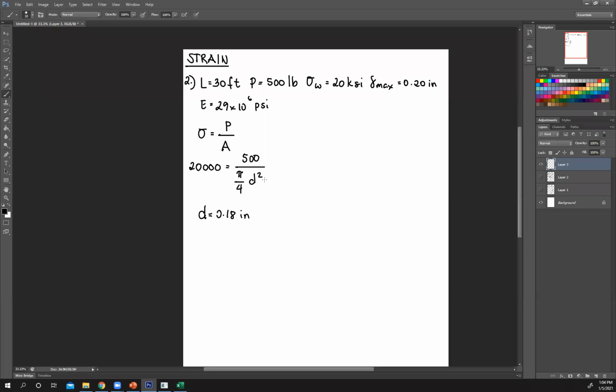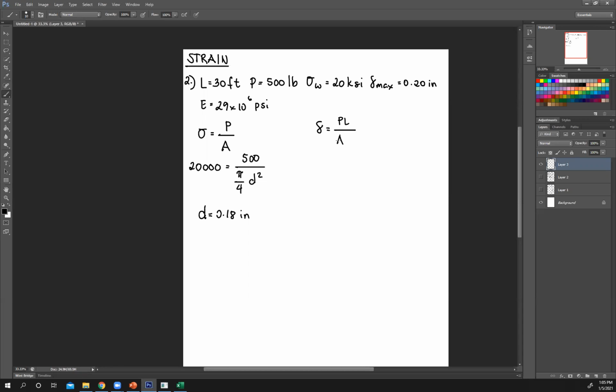Now compare this to the required diameter using elongation. Elongation due to load, so our equation is PL over AE. Again, if it's due to weight, it's MGL squared over 2AE, or rho L squared over E. One of those.